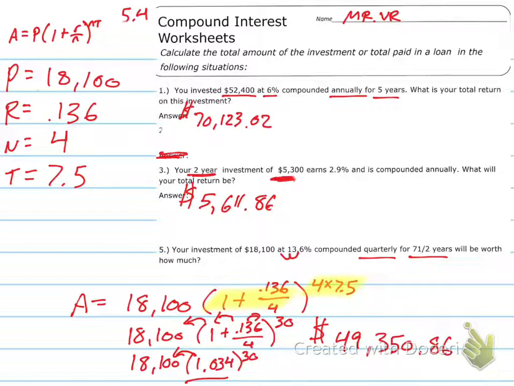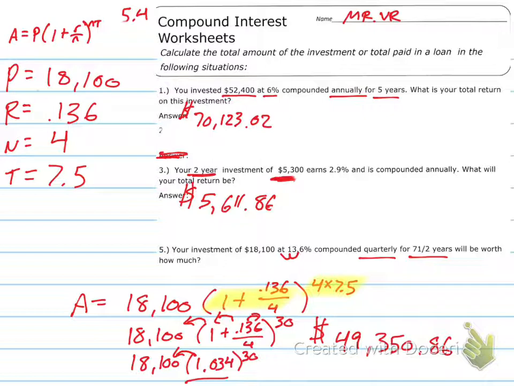I'm going to do 1 plus 1.36 divided by 4, and then raised to n times t, which is 4 times 7.5. So let's do this one more time. We'll just redo our calculations. I'm going to do 0.136, and I'm going to divide that by 4. I get 0.034 plus 1 is equal to 1.034.